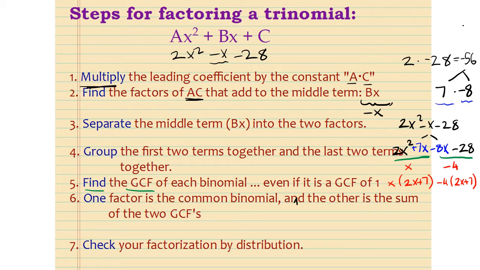At this point, we will group one more time. One factor is the common binomial, and the other is the sum of the two GCFs. Here's my common binomial. I will factor that out one more time. So here's my 2x plus 7. Factor that one more time, and x is left from the first one, and then negative 4 is from the second one, and we are done with our factorization.